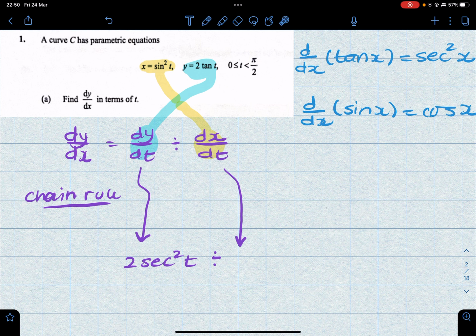So because it's squared, it becomes 2 times sine t, but then we need to multiply by the derivative of sine, which is cosine. We just said that there. So cosine t.